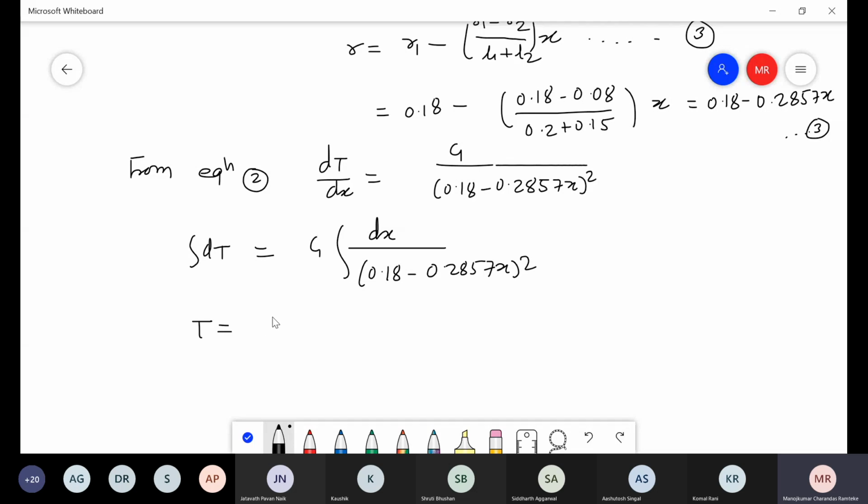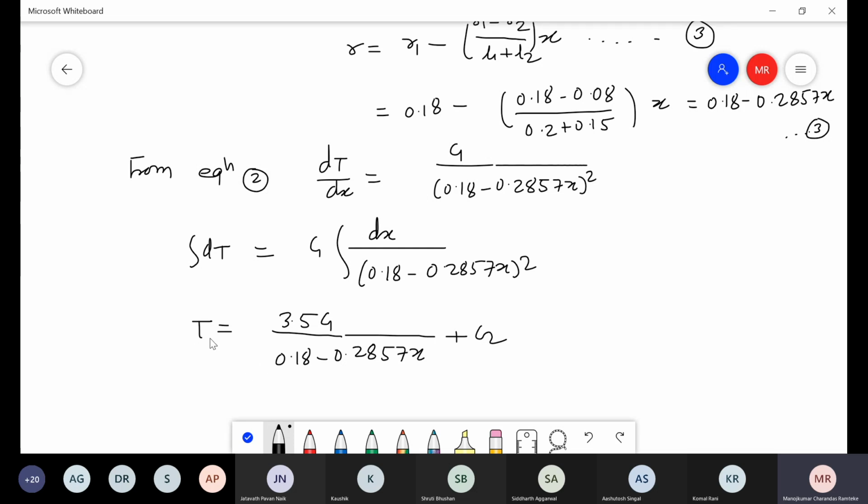So what we get from this is t, obtained as 3.5 c1 divided by 0.18 minus 0.2857x, plus c2. Check whether this is correct or not.